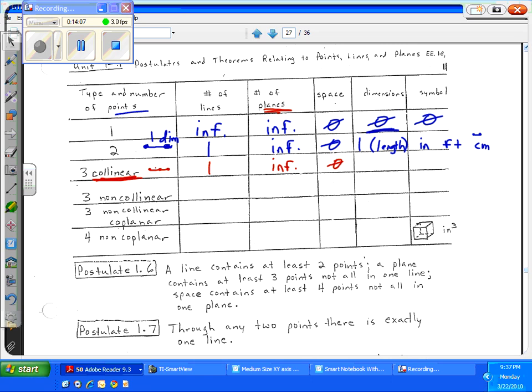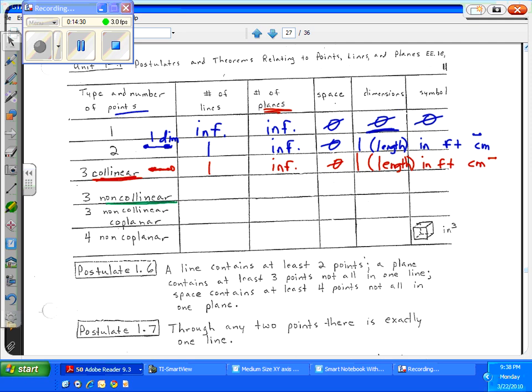Space has not yet been created because we're still dealing with 1 dimension, length, which again is measured in inches to the first, or feet to the first, or centimeters to the first, and the visual is just an object with length.